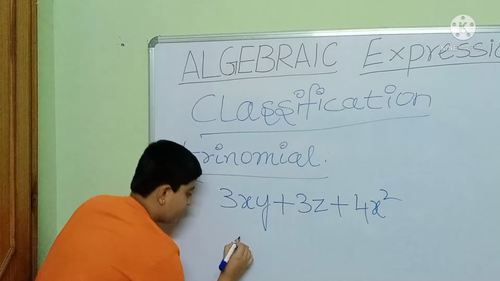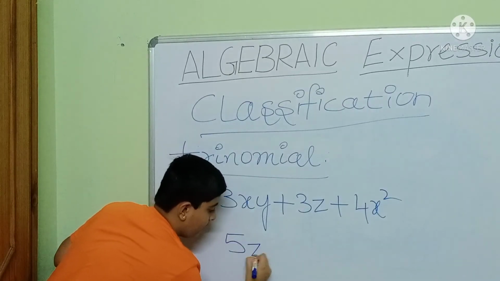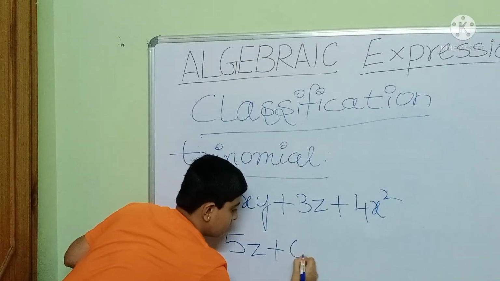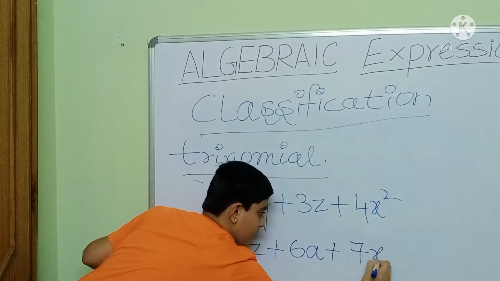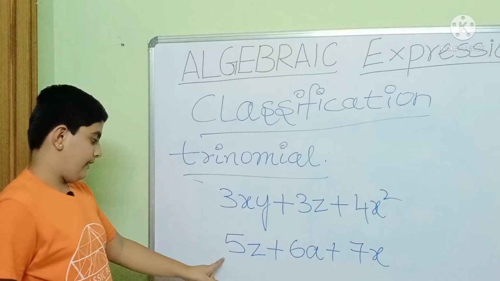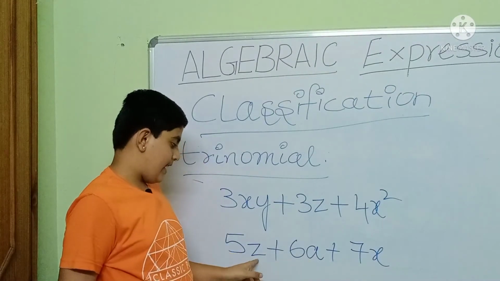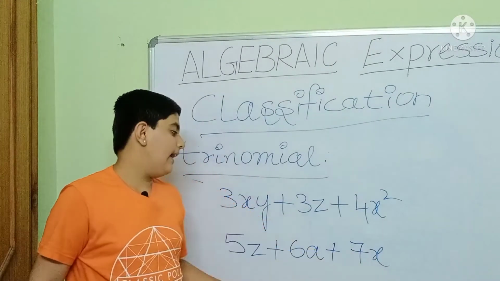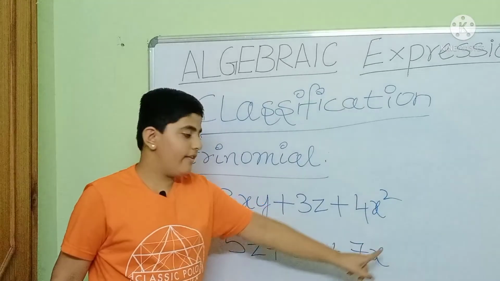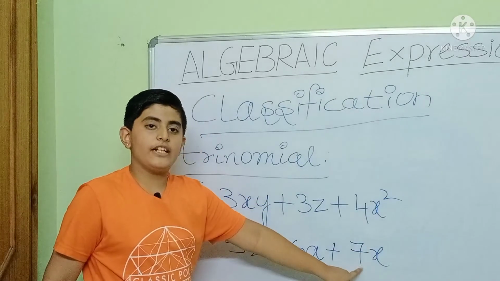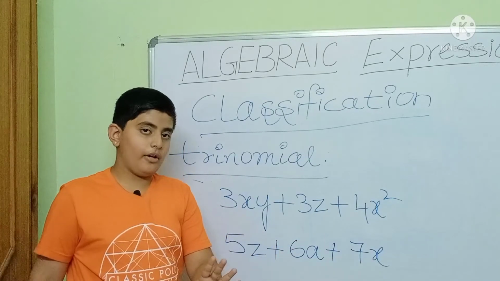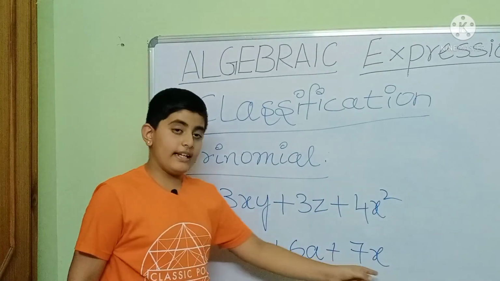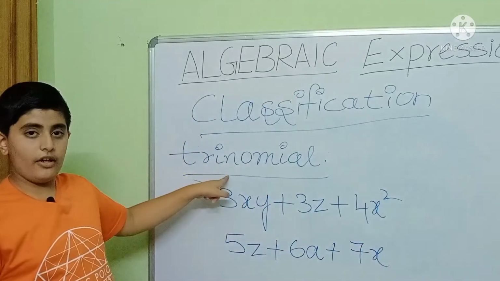Let's take another example. Here the variables are unlike and the powers are positive and the coefficients are greater than 0. So they are declared as polynomials, and there are three terms. So those are called trinomial.